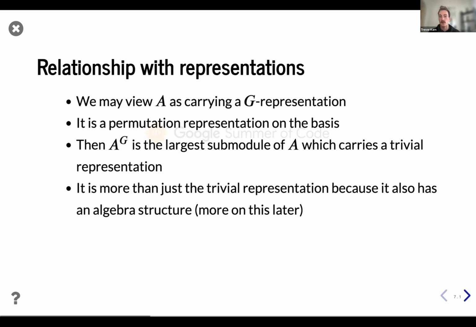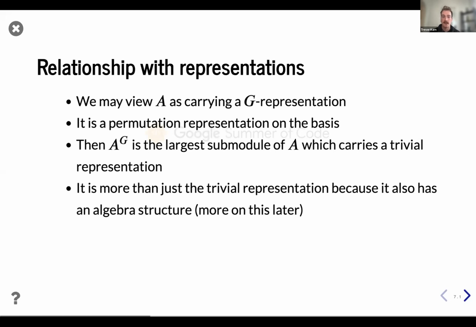In particular, this is not always necessarily one-dimensional. It could be zero-dimensional if there are no copies of the trivial representation in there, or it could be the entire thing if G acts trivially on A. So I just say that to say it's not just one singular copy, it's everything in there that is a copy of the trivial representation.